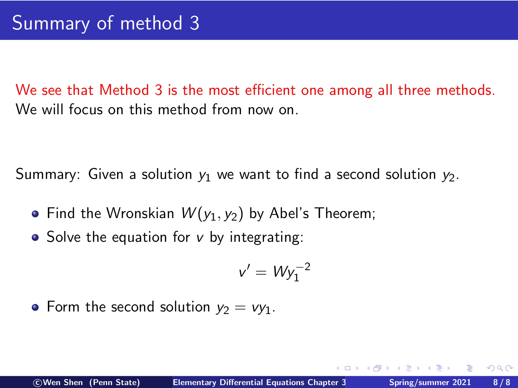Okay, then we can solve the equation for v by integrating, because now we know v prime is W times y1 to the power negative 2, which is now a function of t. We just integrate and we find this v. And again, you can choose a convenient constant. Any constant is okay. And then we can form the second solution, y2 is v times y1. And that's it, very simple.